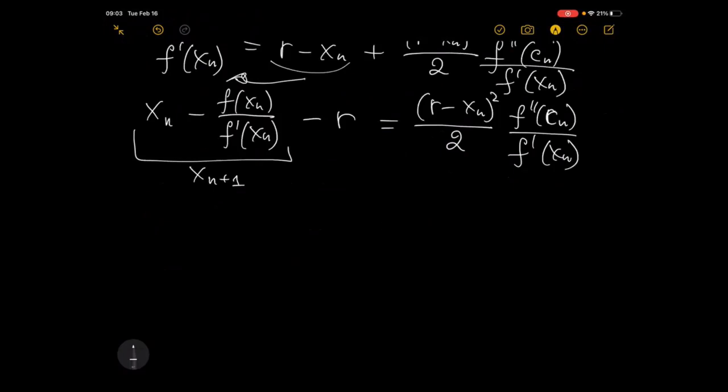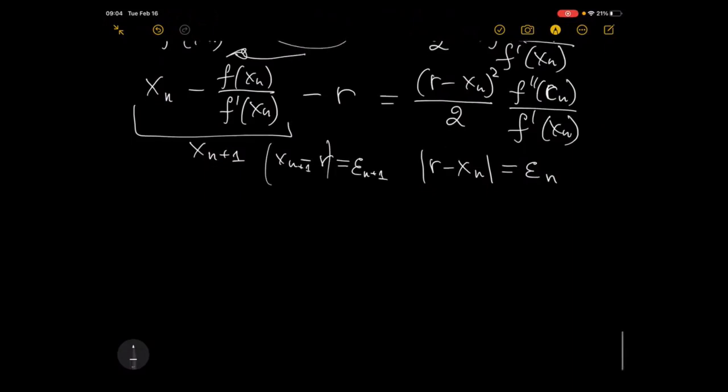Let me remind you that the magnitude of this is exactly the error on nth step, and this, which is xn plus 1 minus r, if I take the absolute value, will be the error on n plus 1 step.